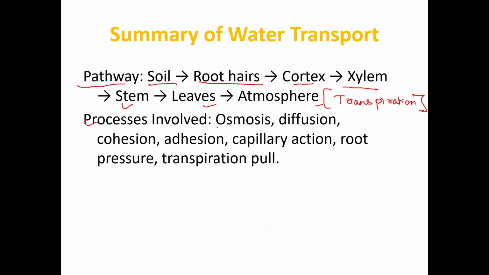Processes involved are osmosis, diffusion, cohesion, adhesion, capillary action, root pressure, transpiration pull. So overall, plants use all these things such as root hair cells, adhesion, cohesion, osmosis, diffusion, turgor pressure, root pressure to move water from soil all the way to the leaf.